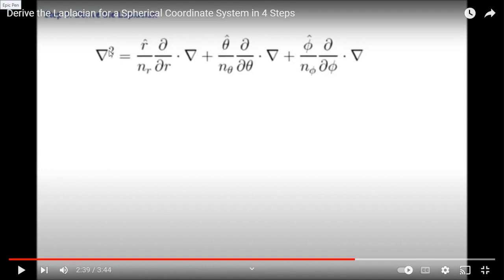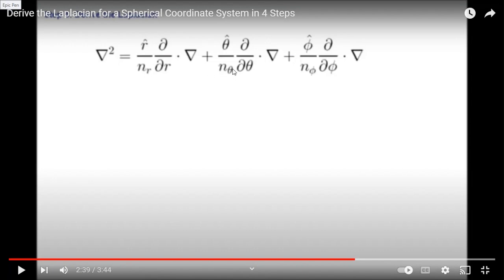Let's look at the first step in determining what the Laplacian is. Here's the r operator, here's the theta operator and the phi operator, and we've already determined that this n sub r is equal to 1.